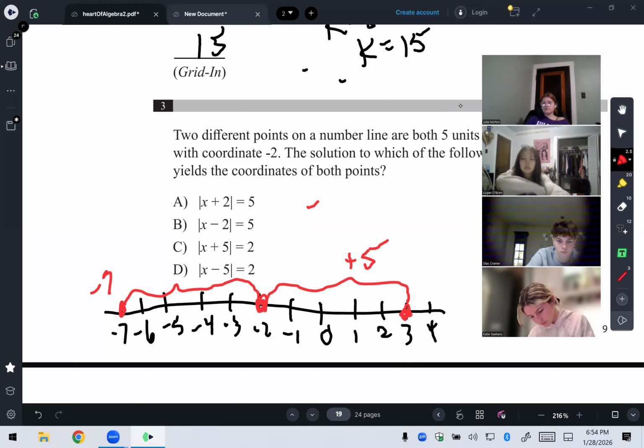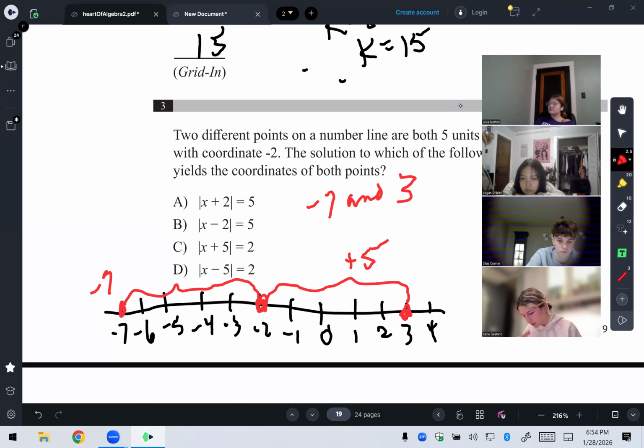So now I know -7 and 3 work. So if I put a -7 in here, that works. And if I put a 3 in there, that works. So my answer for this one is A. And I think drawing the number line provides a lot of clarity.